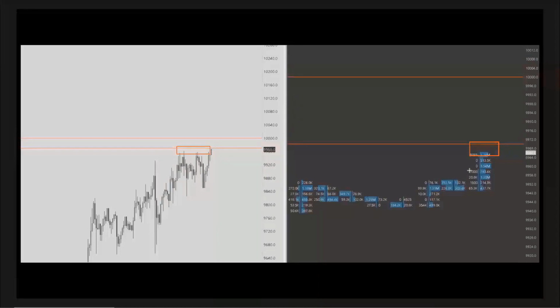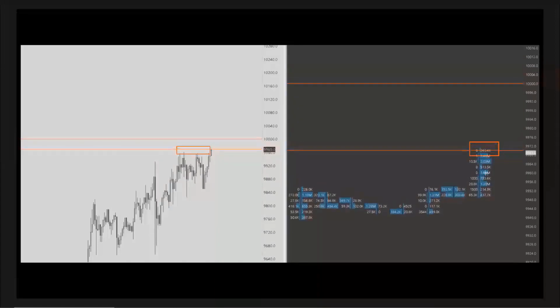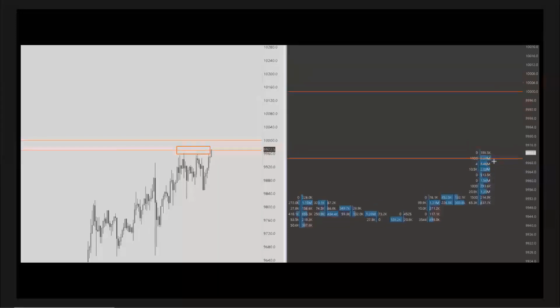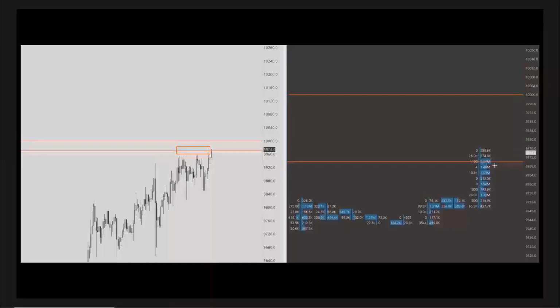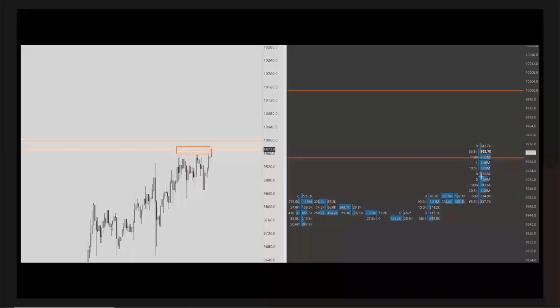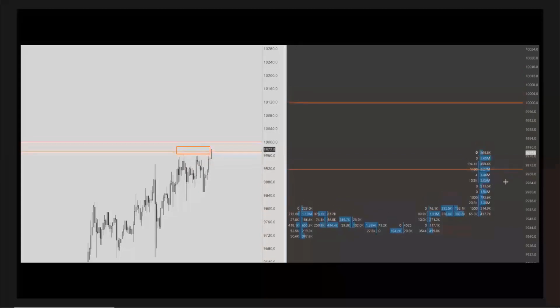Quick flurry of buying, more than likely stops getting triggered there before price starts trading up at the high, and those remaining sell limits get bought up, and you start to see some aggression in here. But it's when 10K breaks that you get that really strong imbalance, that shift in liquidity.